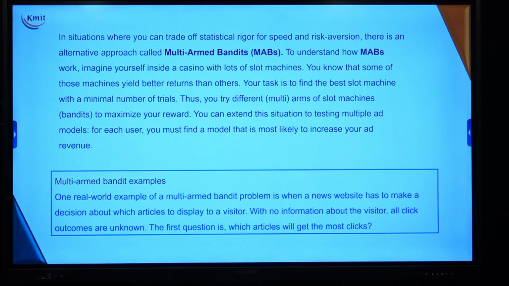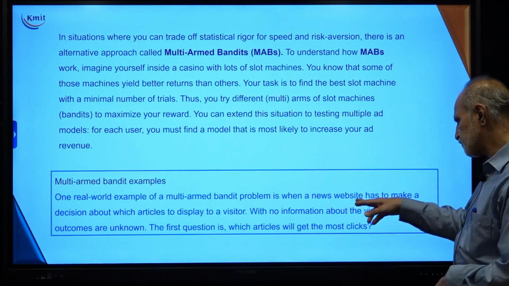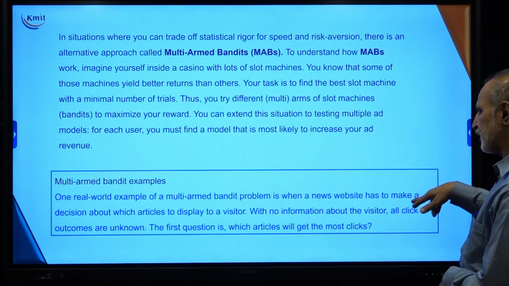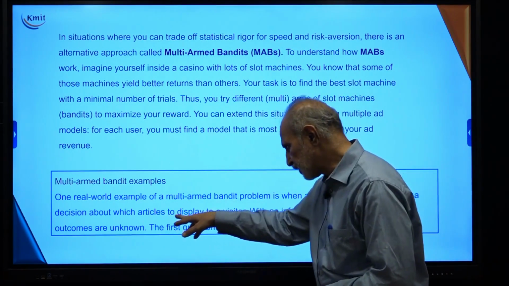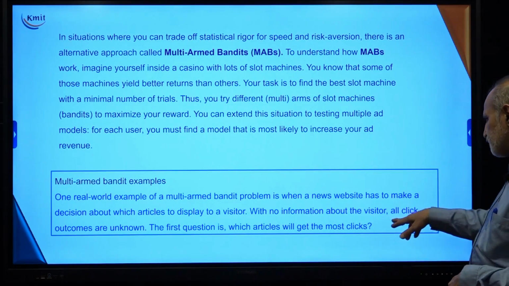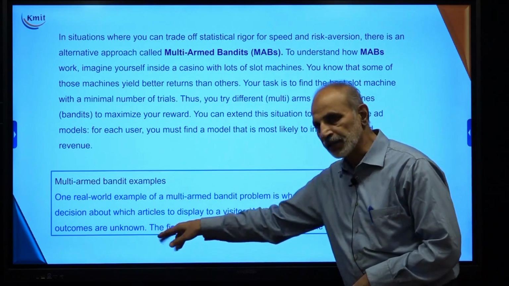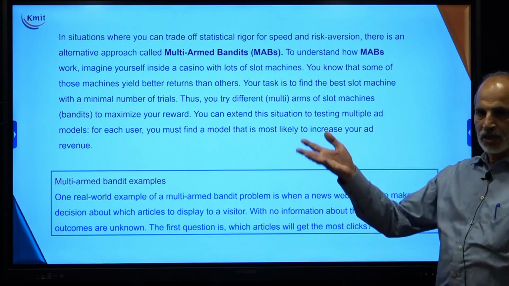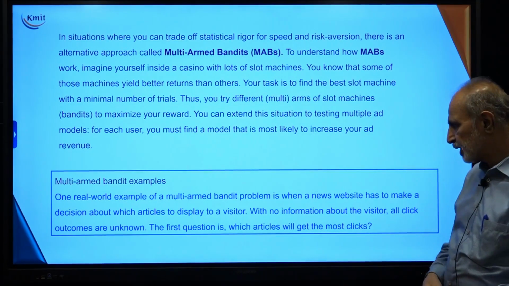One real world example of a multi-arm bandit problem is when a news website has to make a decision about which article to display to a visitor. With no prior information about the visitor, all click outcomes are unknown. So, I have a lot of different kinds of news available, and this is the problem.